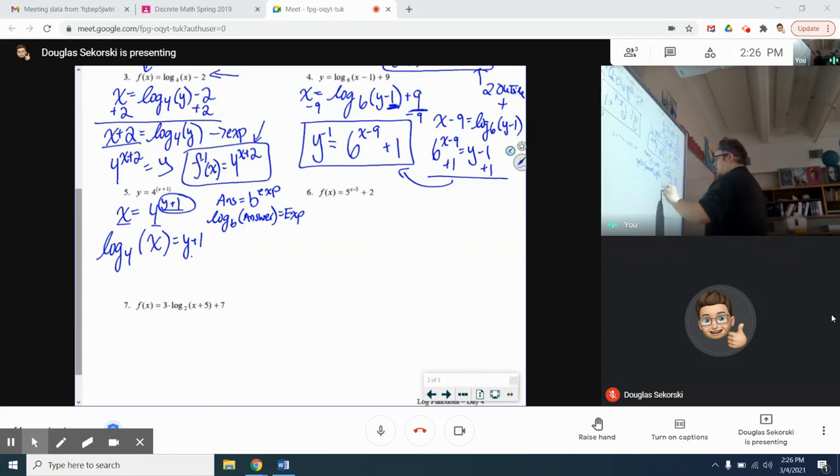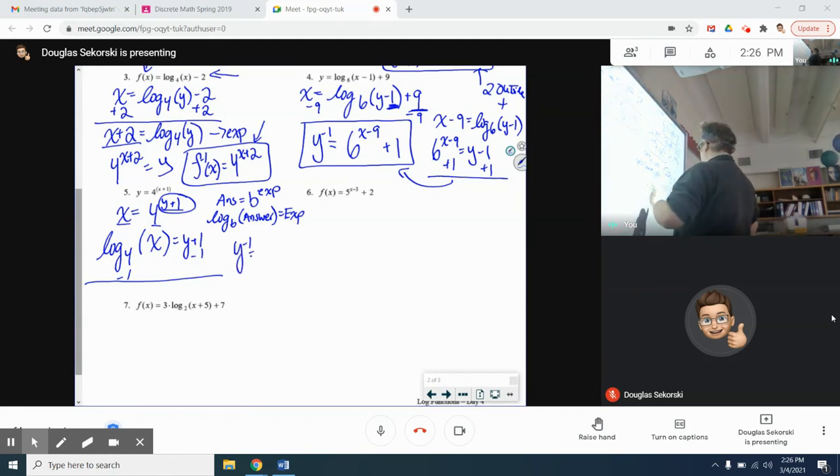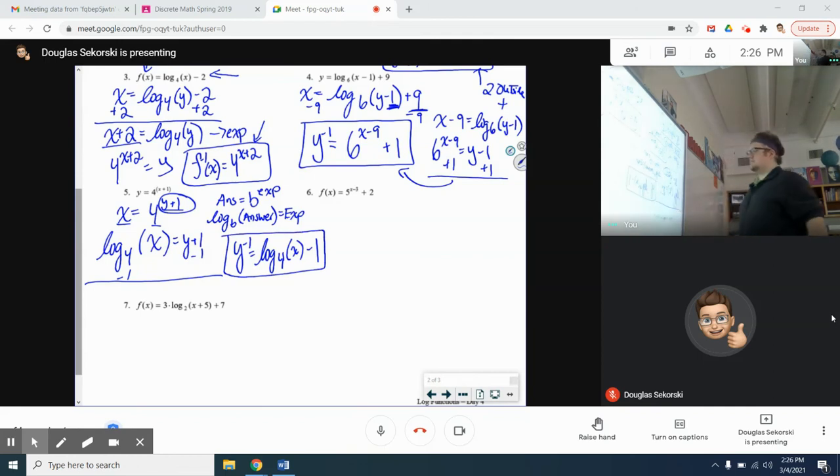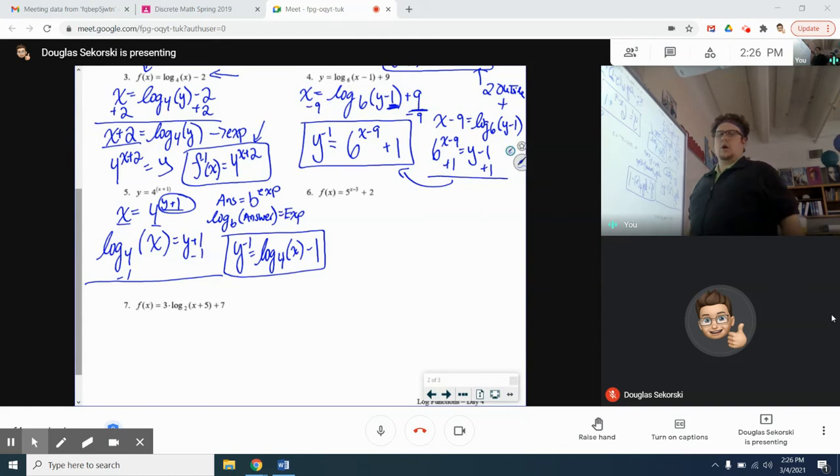So we're almost there with this one. Minus 1, and we get y inverse equals log base 4 of x, and all minus 1. So that was our first one where we went from exponential to logarithmic.